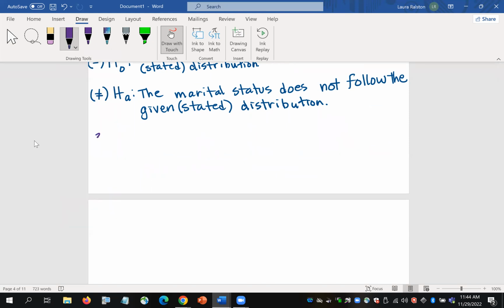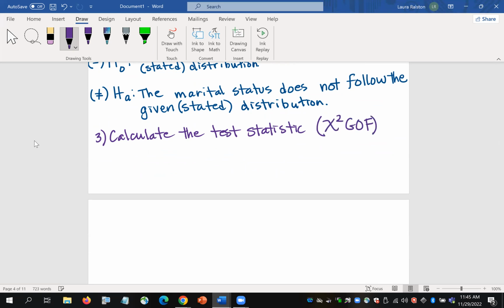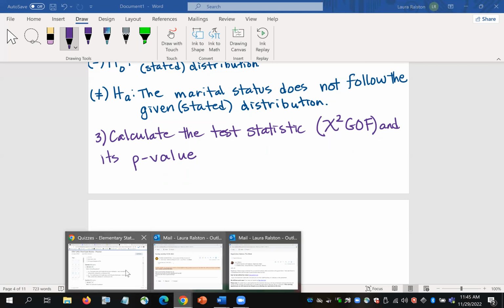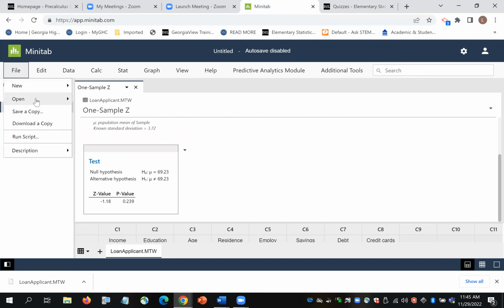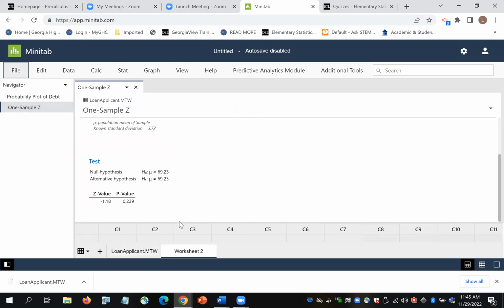So step 3 is to calculate the test statistic, which we decided for this problem is chi-square goodness of fit, and its p-value. So we go out to Minitab and we basically have to recreate the table that we're given.